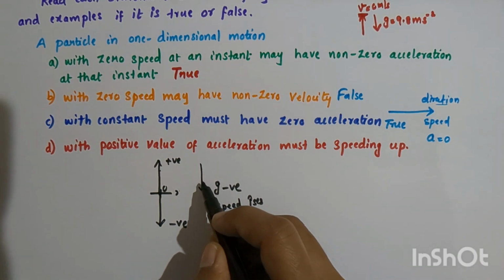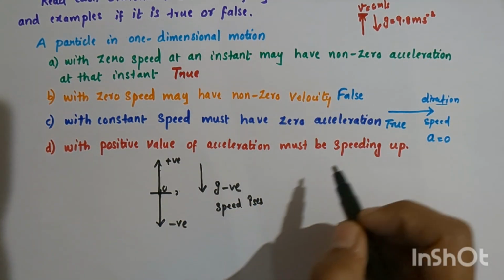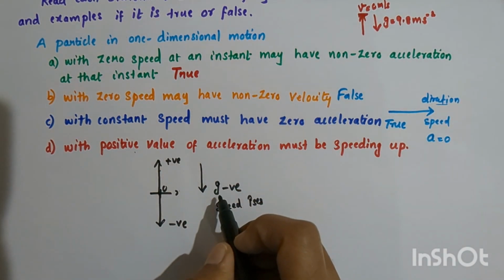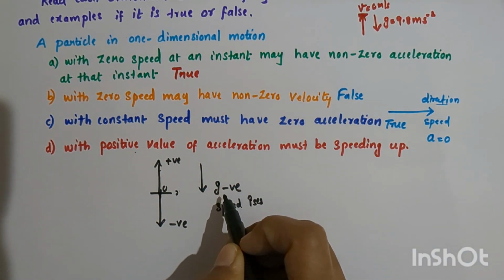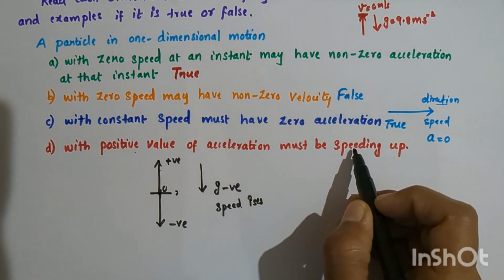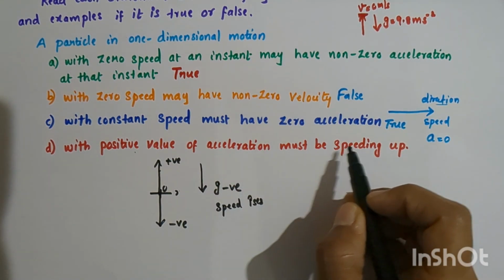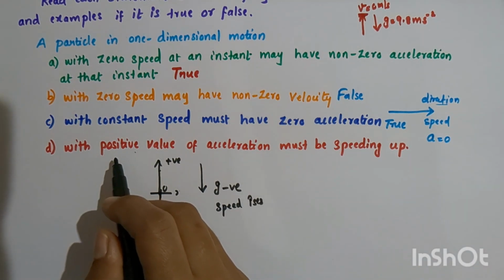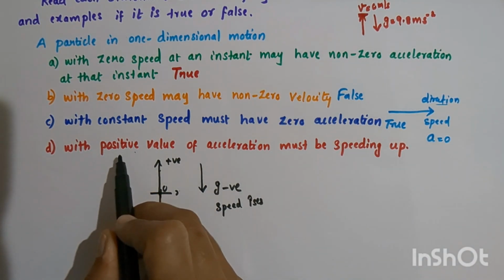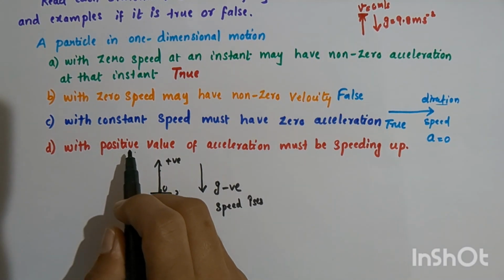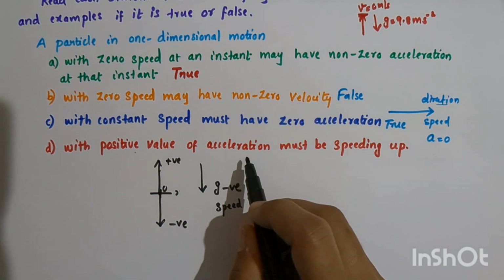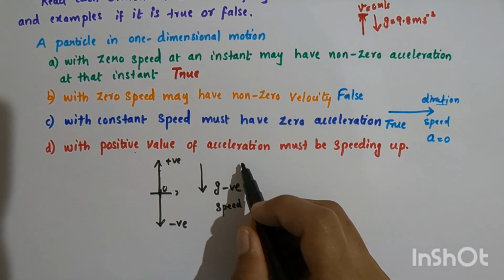So it is speeding up, but its acceleration is negative. So when an object is speeding up, it is not required that its acceleration must be positive, and vice versa. If you have a positive value of acceleration, it doesn't mean that it is speeding up, because it depends upon the coordinate system that we take to explain the motion of the particle.